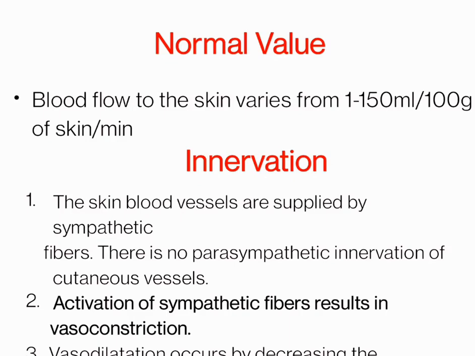The activation of the sympathetic fibers results in vasoconstriction, and vasodilatation also occurs by decreasing the sympathetic activity. What I would like to stress here is no involvement of the parasympathetic innervation.